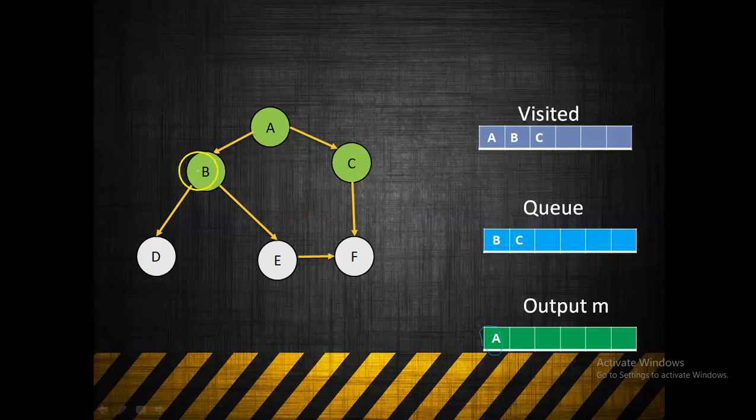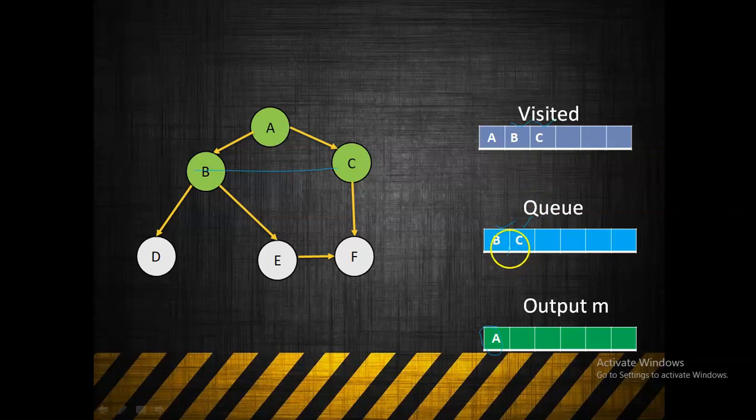Next, find the neighbors, the child nodes, of A. The neighbors of A are B and C. Enter B and C in visited as well as the queue. Then follow the same steps again.